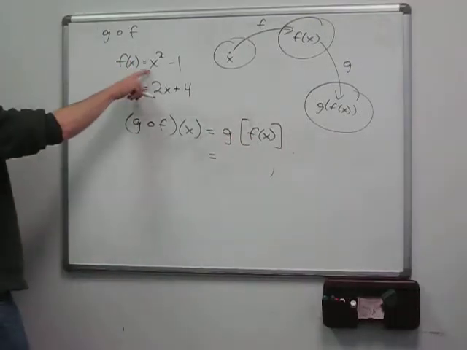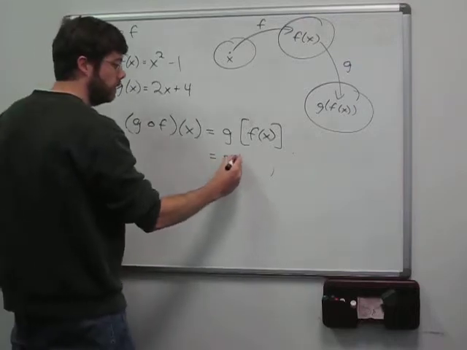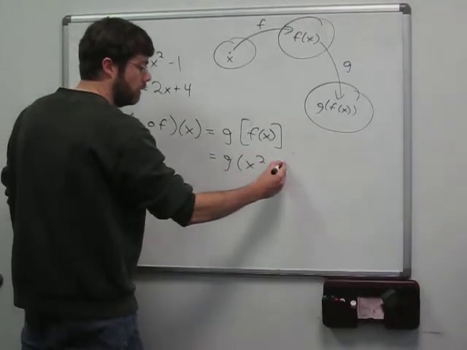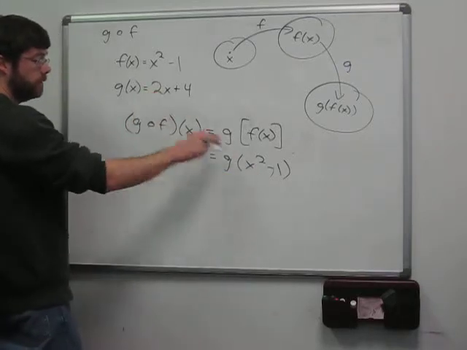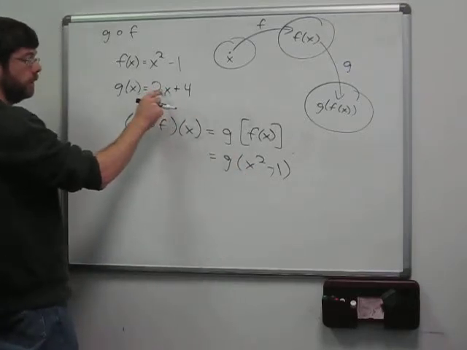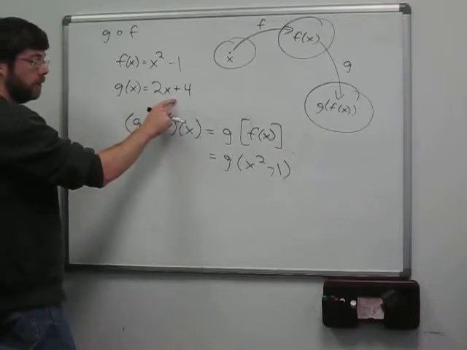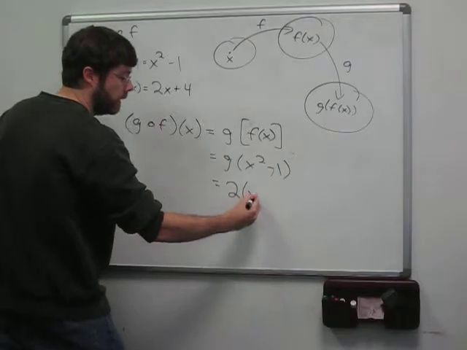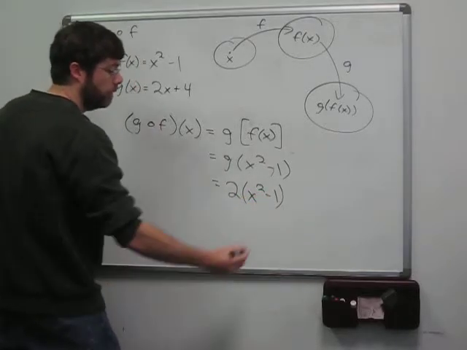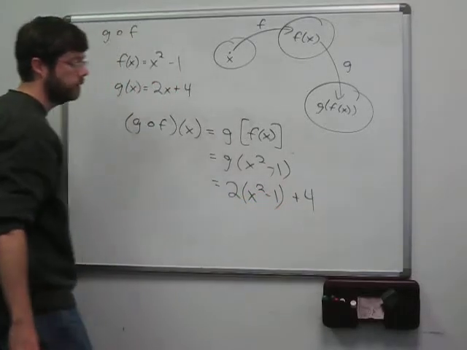The formula for f is x squared minus 1. So I'm going to take x squared minus 1 and substitute it into all my x's in my function g. In this case, 2 times x squared minus 1 plus 4.